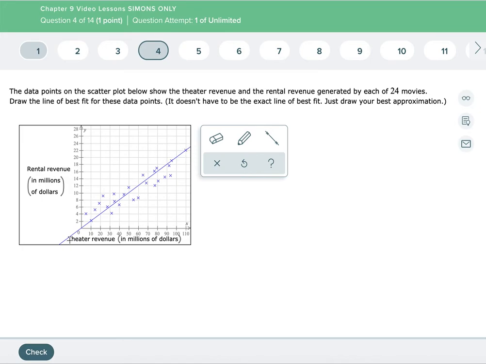And then about 3 or 4 points that are almost on the line. So that's a pretty good distribution, right? It also kind of makes sense that it goes through 0, because if there's no theater revenue, it's not likely there's going to be any rental revenue.